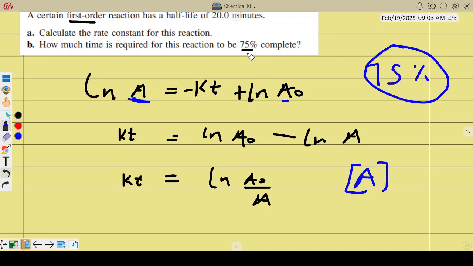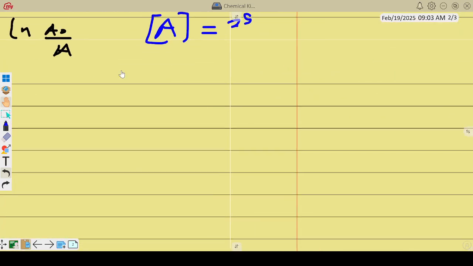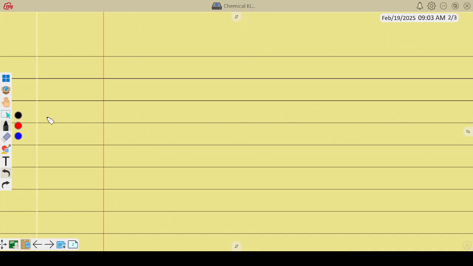When the reaction proceeds 75%, this is what has been used up, so the final concentration, what is remaining, is 25% of the initial.